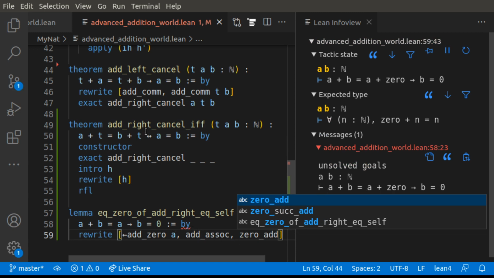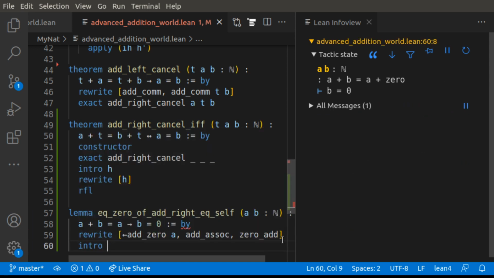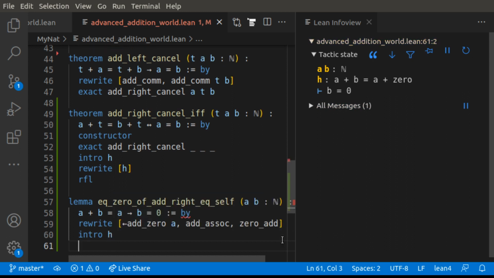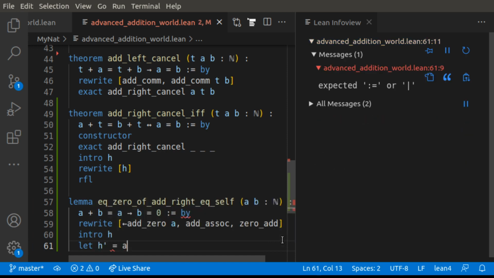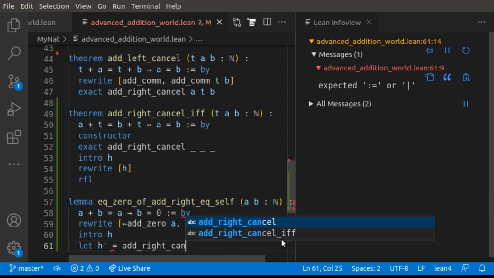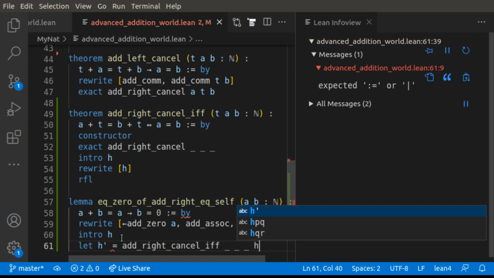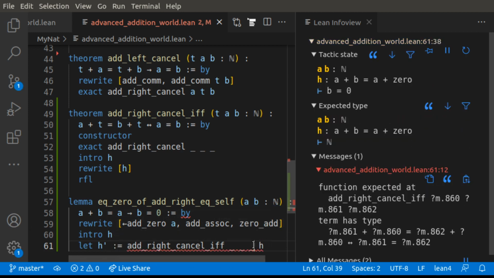Okay. Now pretty much we can just apply our add_right_cancel. Intro H. Let H' equal add_right_cancel_iff, underscores, H. Too many things.